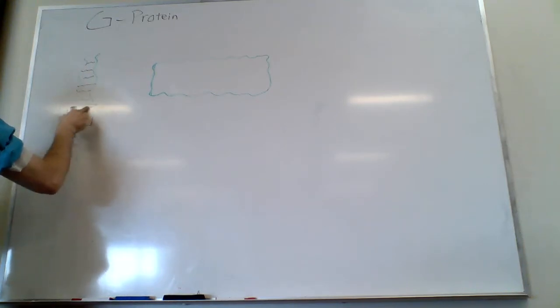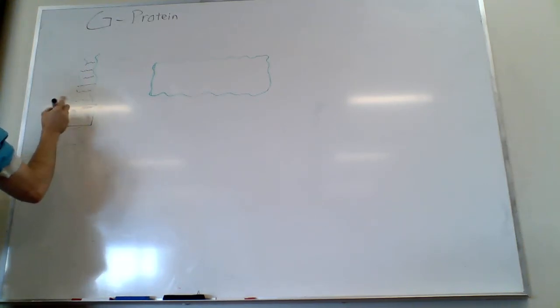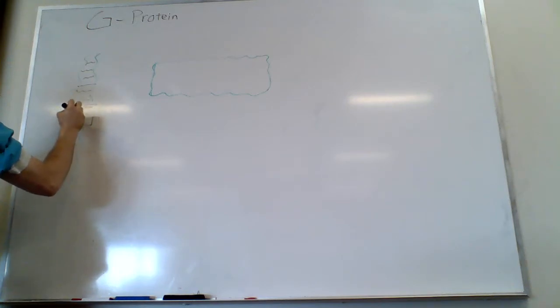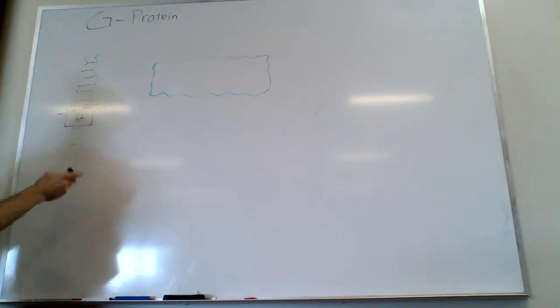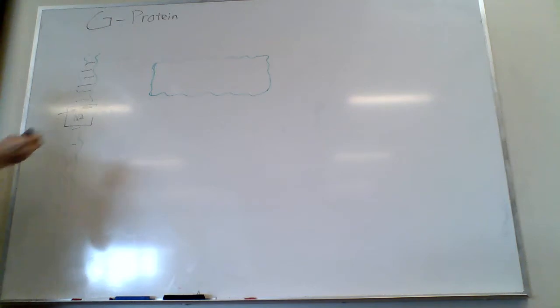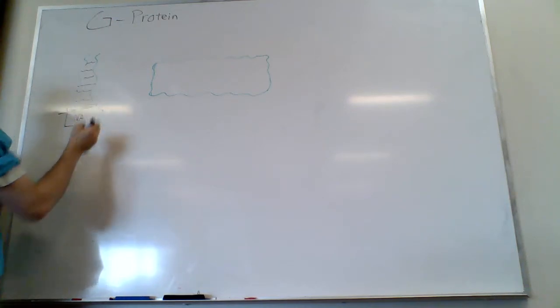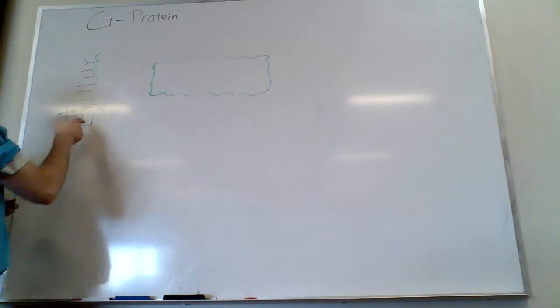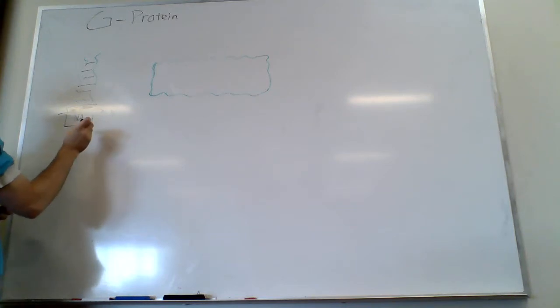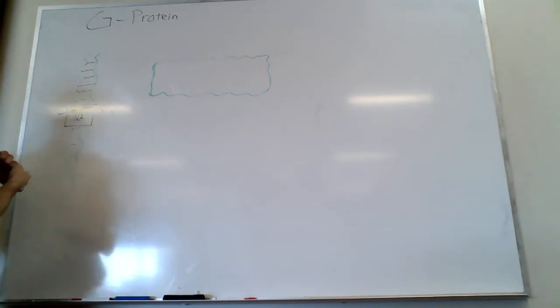And here's a channel that is letting sodium, it's a sodium channel and it lets sodium go through, okay? And it lets sodium in. All right, and we'll get to that in a second.